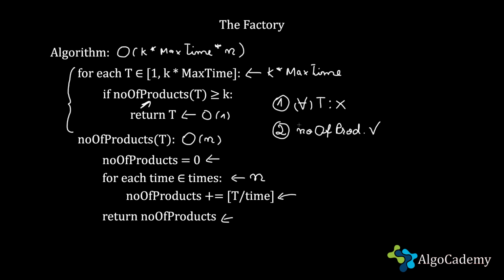So if, let's say, k crossed max time was equal to 1000, how can you not check every time from 1 to 1000? Well, we need to search for the minimum time. And what we did here is apply a linear search. You can call it a linear search. Why is that? Because you are going through each value of t from 1 all the way to that upper bound linearly, and then checking if the value is valid.